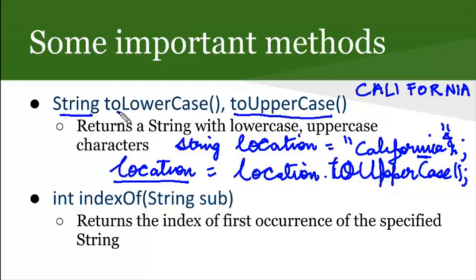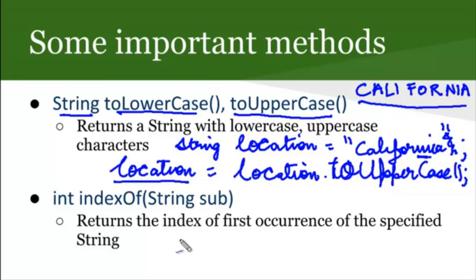Similarly, toLowerCase basically converts each and every character into lowercase. So if you do now location dot toLowerCase, you'll get the initial string which was California in lowercase characters. So these are the two interesting methods, toLowerCase and toUpperCase.